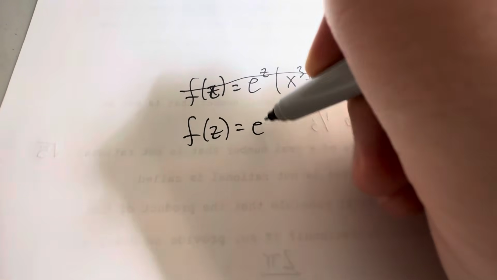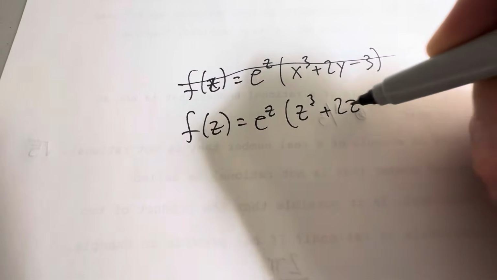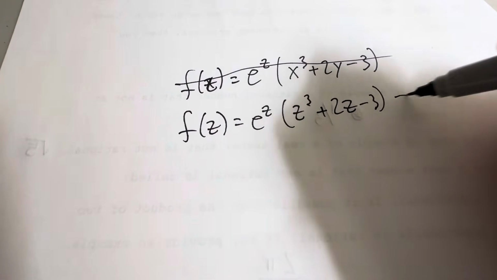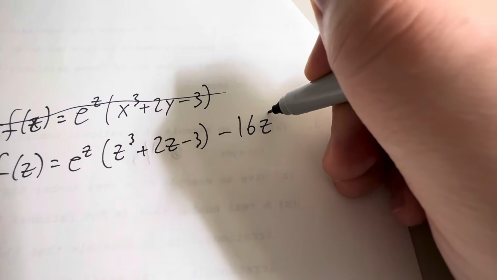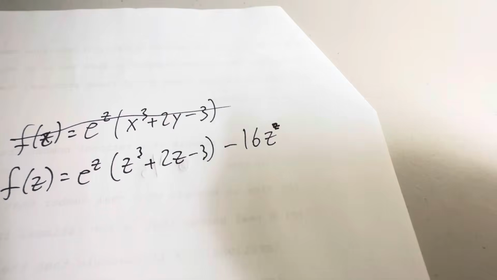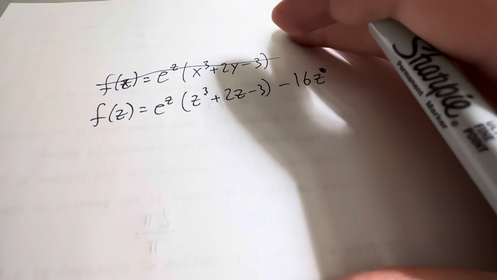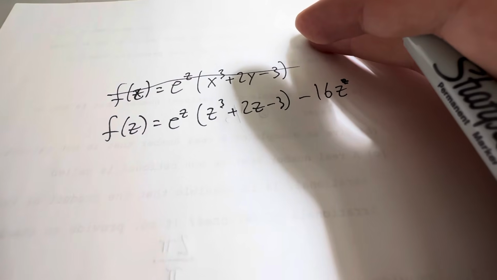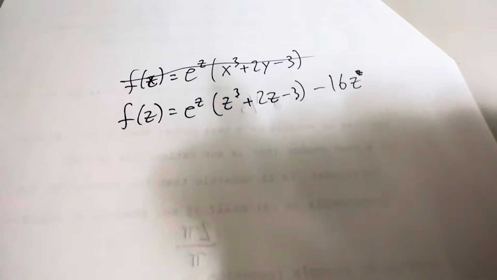Let's keep things complex numbered. Oh, z to the z. I don't think that would be too bad. Okay, so we have something pretty nasty looking.